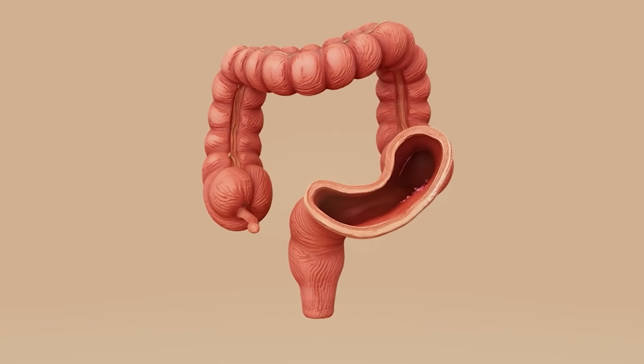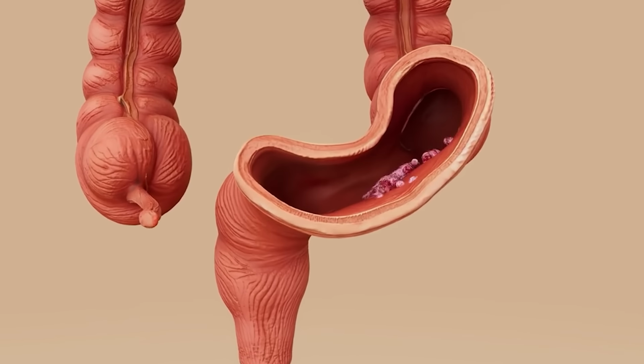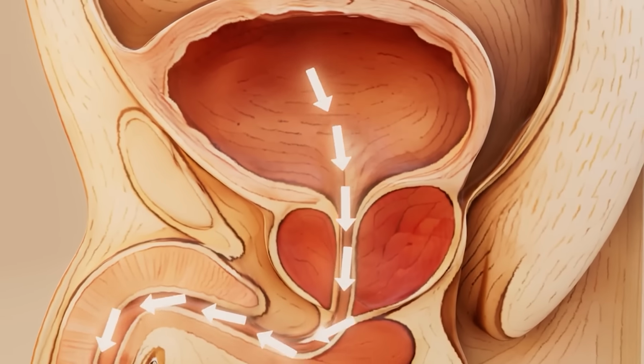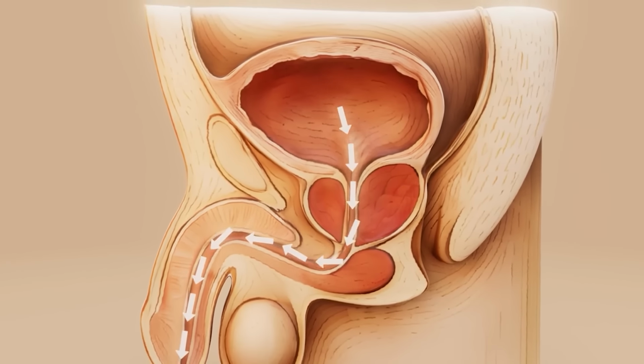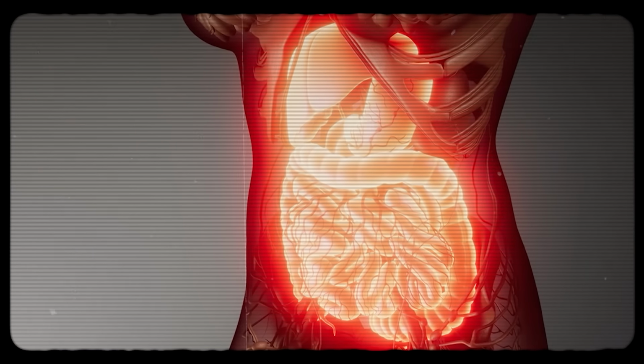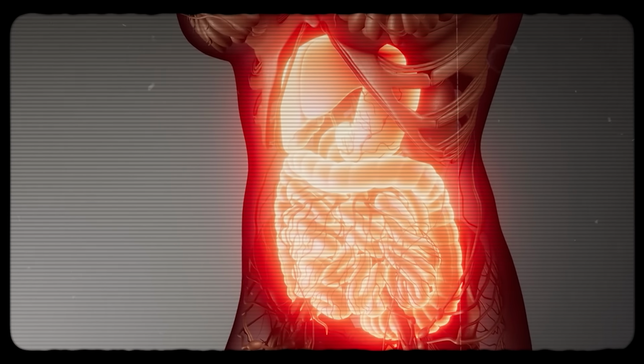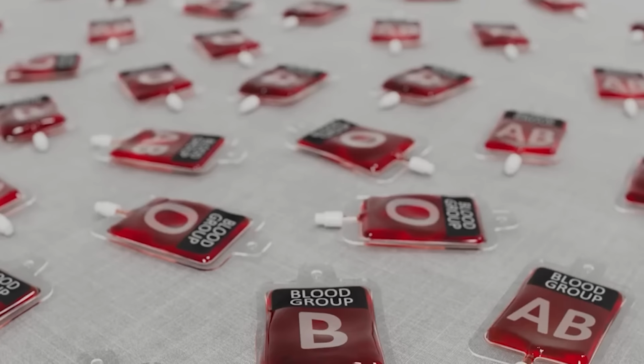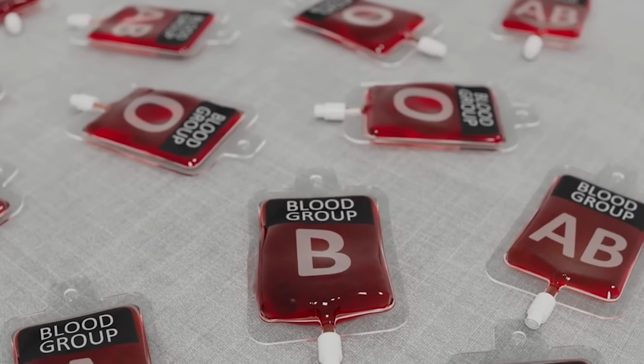Let's start with one of O's most famous quirks: ulcers. If you're type O, you're more likely to develop stomach ulcers caused by Helicobacter pylori, the bacteria that inflames the stomach lining. This isn't a small link either. Studies have shown O carriers have about a 30 to 40% higher risk compared to A or B types. Why?